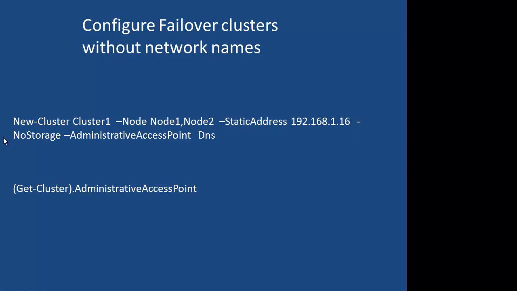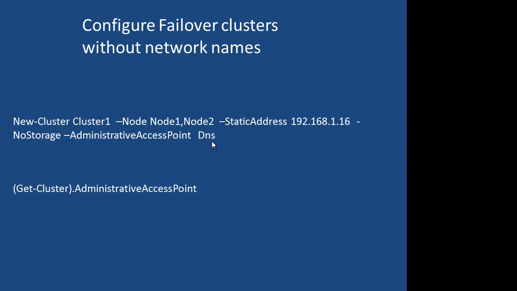There's the NoStorage parameter, and we must put the AdministrativeAccessPoint parameter. We must set that to DNS. So that example created the failover cluster from two nodes with the administrative access point of type DNS.